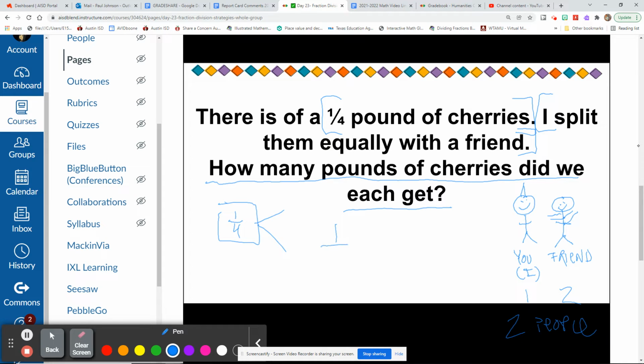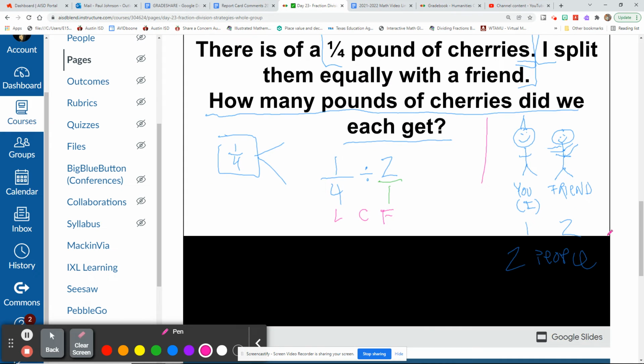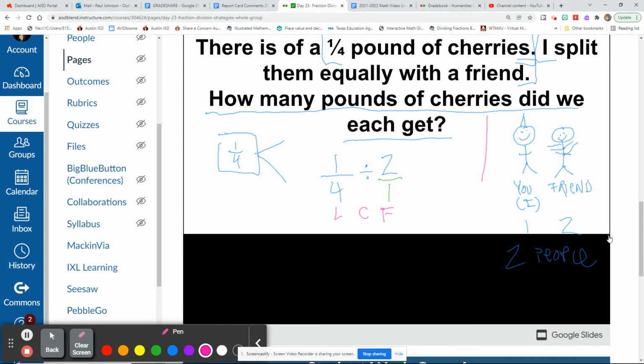So to me, that sounds like 1/4 divided into two groups, a group for me and a group for a friend. All right. Now we can turn 2 into a fraction, of course, and then we have to do leave, change, flip.